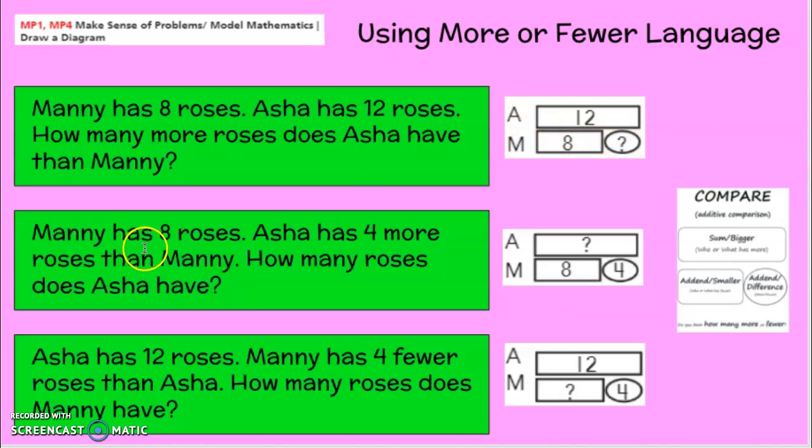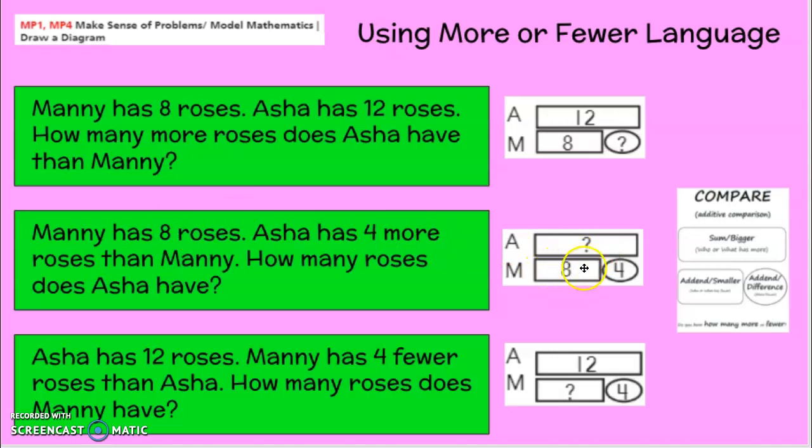Manny has 8 roses. Asha has 4 more roses than Manny. So she has like 4 extras, right? How many roses does Asha have? So now we know that Asha has more, but she doesn't have a total of 4. That would be less than 8, right?